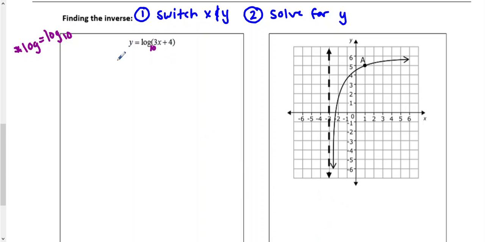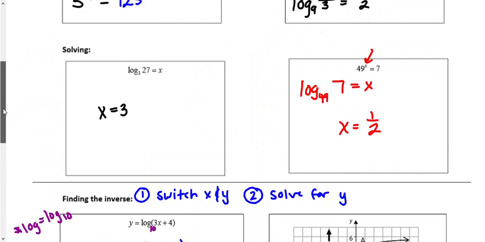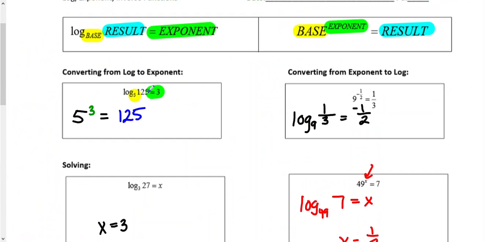So my first step is I need to switch my x and y. So we're going to say x equals log, and remember that's now base 10, of 3y plus 4. Now in order to solve for y, we need to get rid of the log first. But we don't divide by log. That's not a thing. Think of what we just learned at the top when we converted a log form to an exponent form.